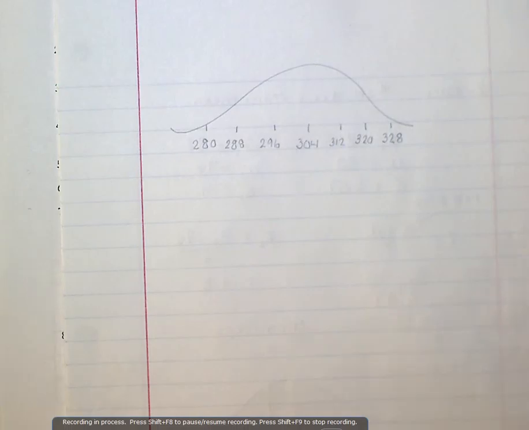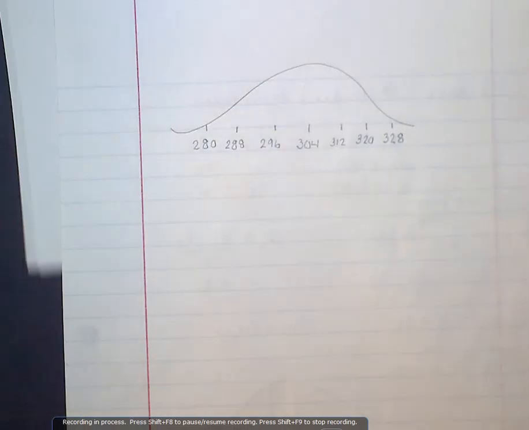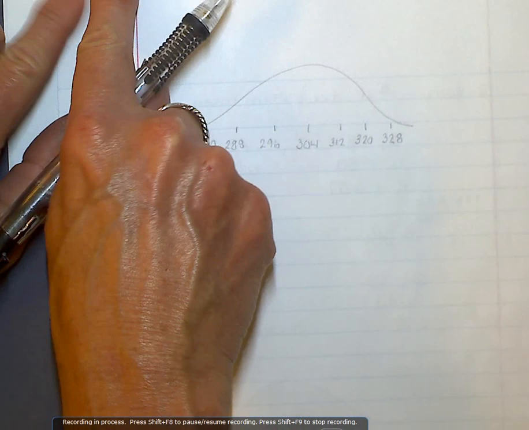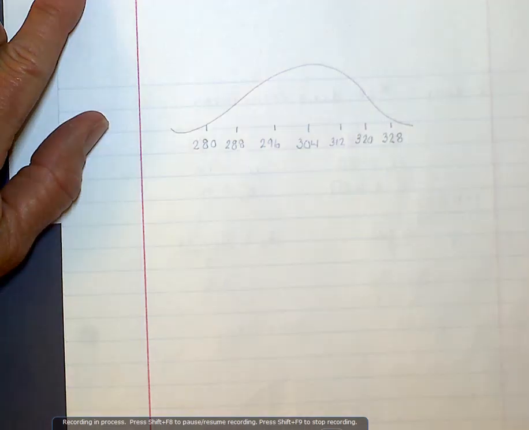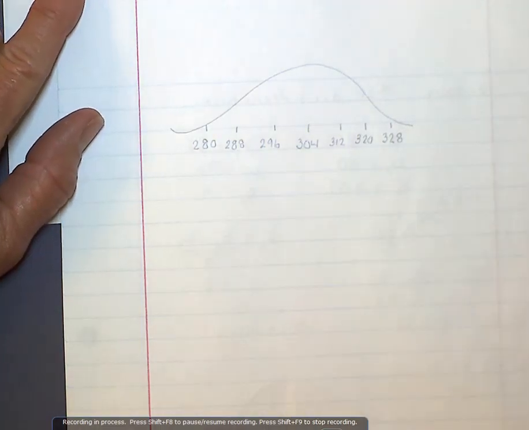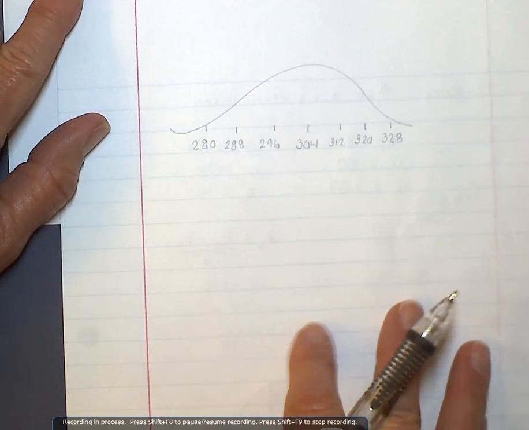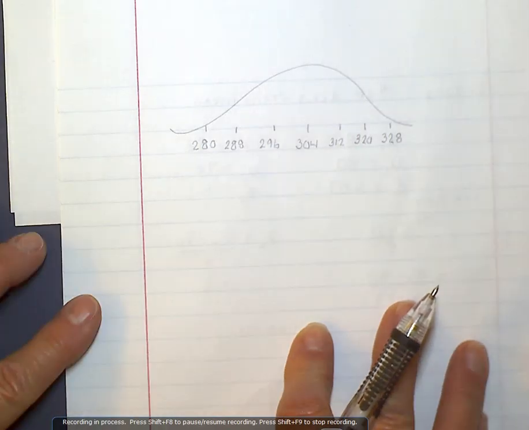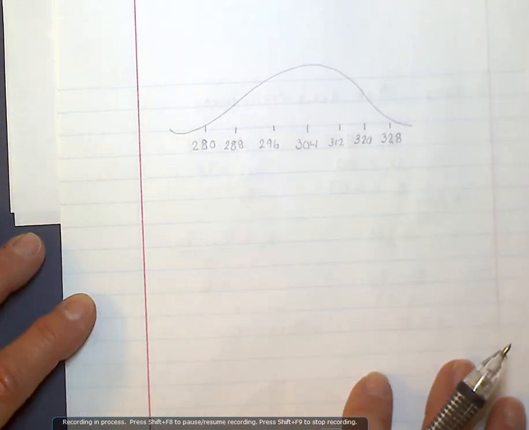Okay, so if you look at my first problem, first example with Tiger Woods, it says how far must Tiger hit his driver in order for the ball to travel a distance that would be at the 85th percentile? Well, given our empirical rule, could you tell me what the 84th percentile would be?